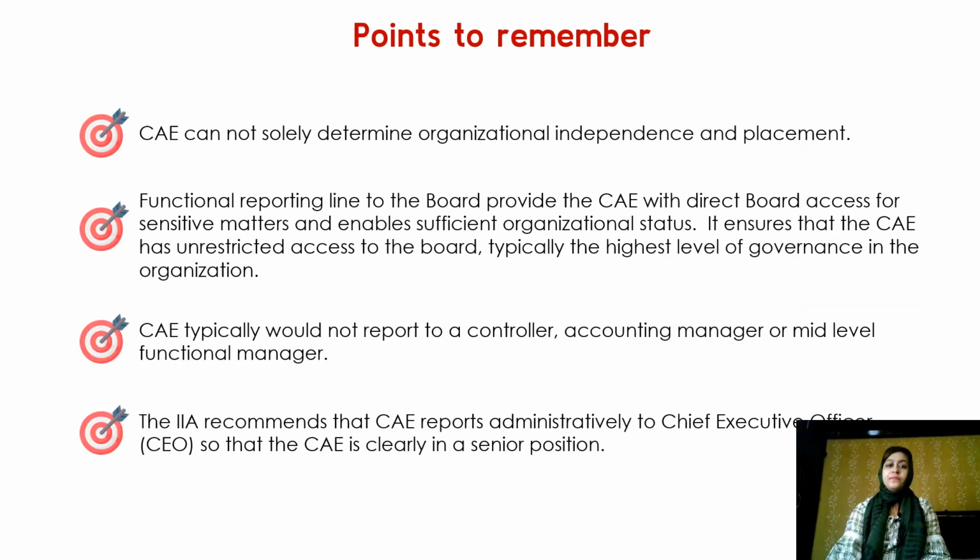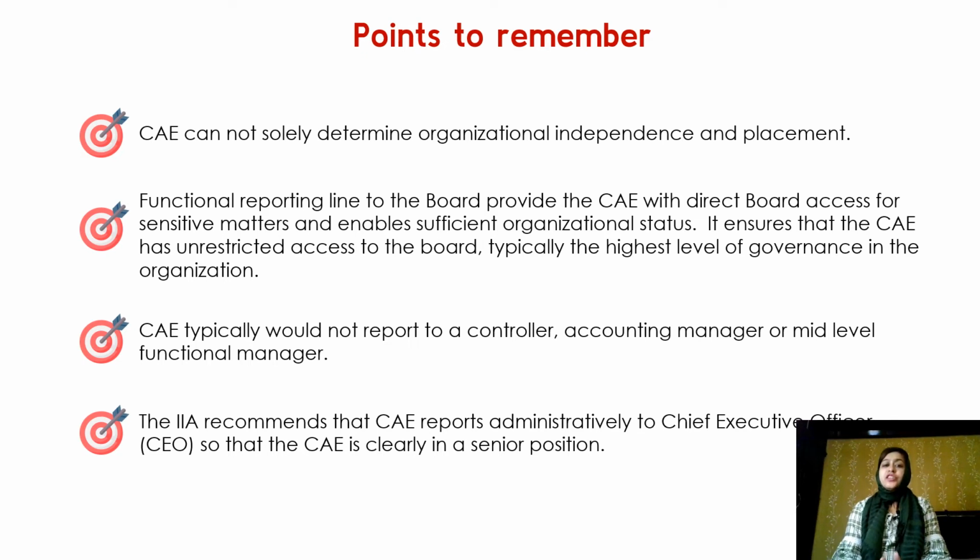Now we need to remember some points. We already said that the Chief Audit Executive has to confirm annually the organizational independence to the board, but the Chief Audit Executive cannot solely determine this independence and placement. He or she needs support from the board or audit committee.